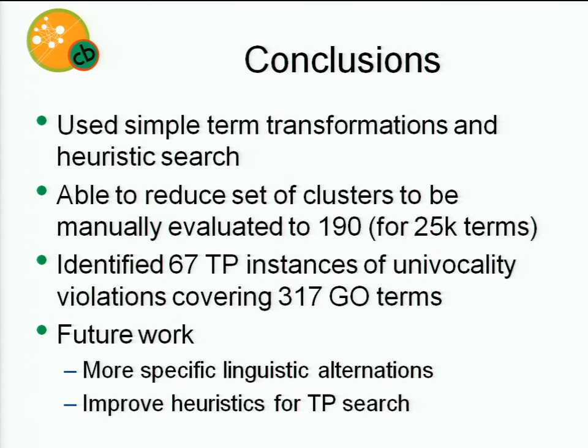We have some ideas for doing more specific analysis of the linguistic alternations. Kevin Cohen, my colleague, will have a paper on normalizations later in the week, which will address how some of that actually manifests itself in biological text. We will build on that to try to improve the true positive rate of our analysis. Thank you.